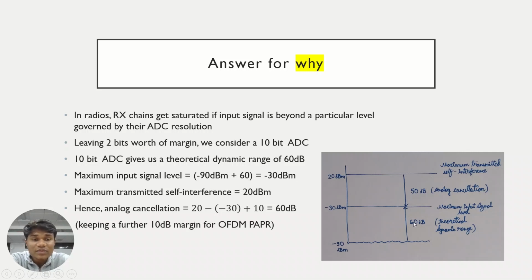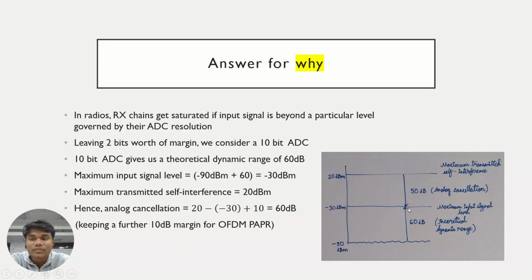How did that come about? The highest power level that we were transmitting was 20 dBm, and the theoretical dynamic range is 60 dB. That is here, this much at this level, this much higher than the noise floor.